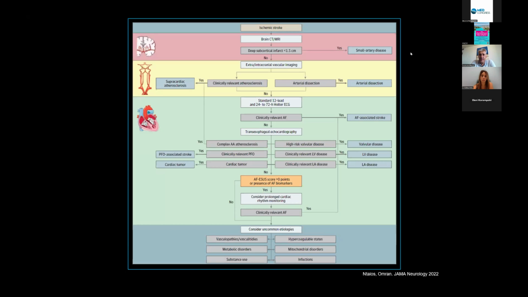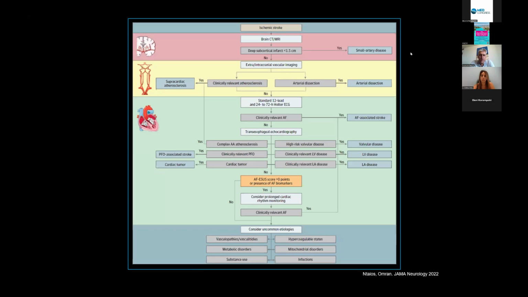So generally, this is the algorithm that we can consider using when we have a patient who has a stroke. The first thing that we would like to assess is what type of stroke this is.